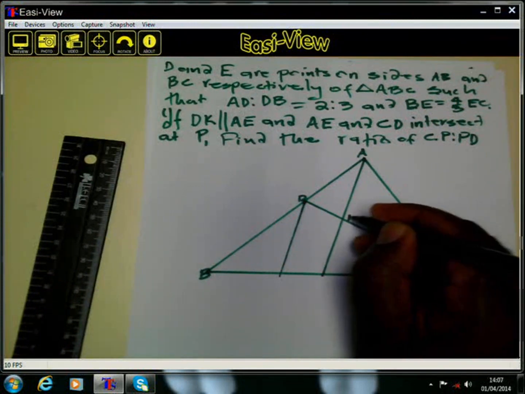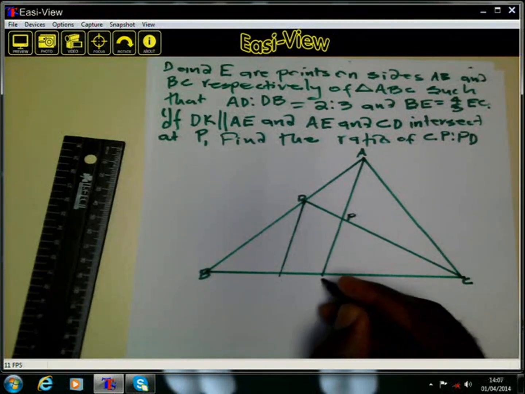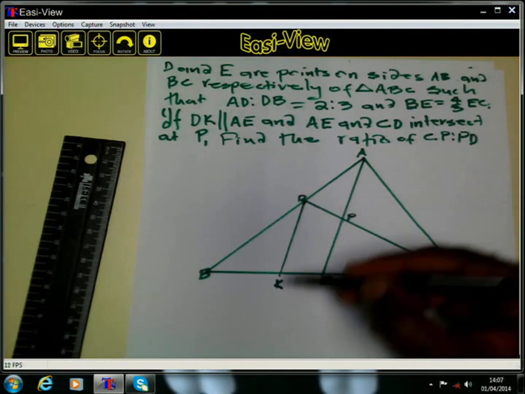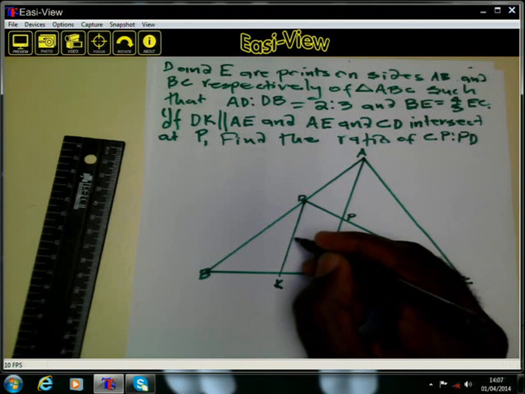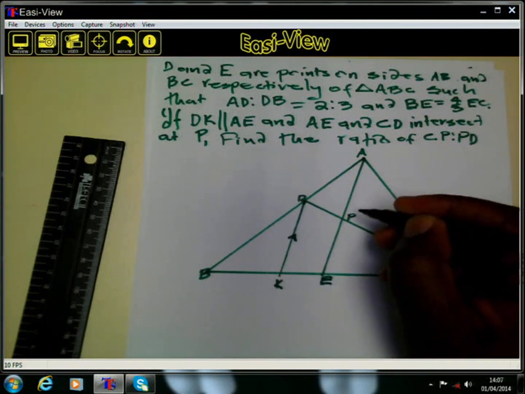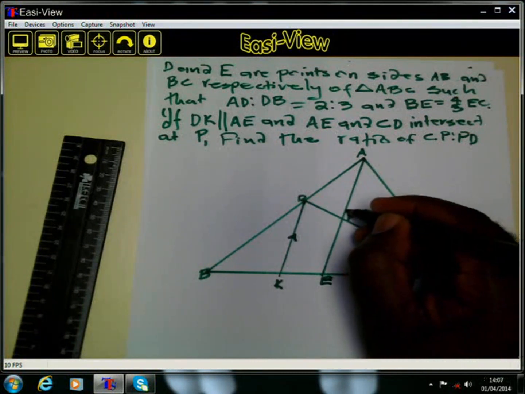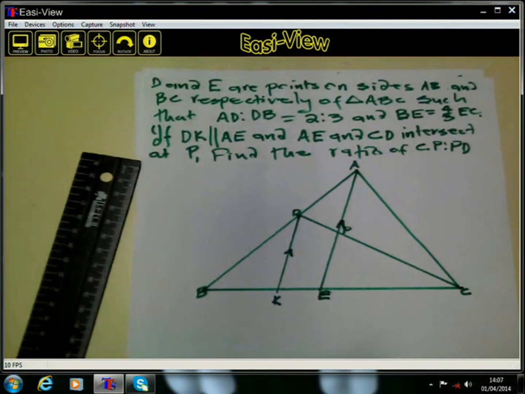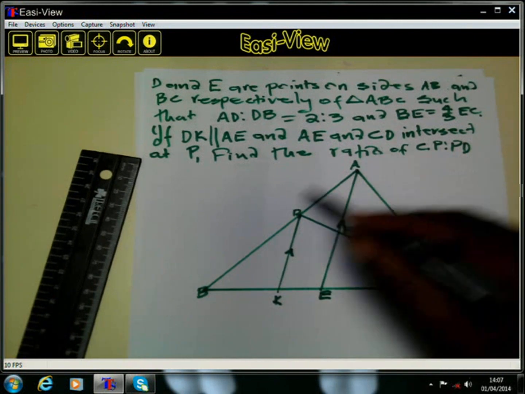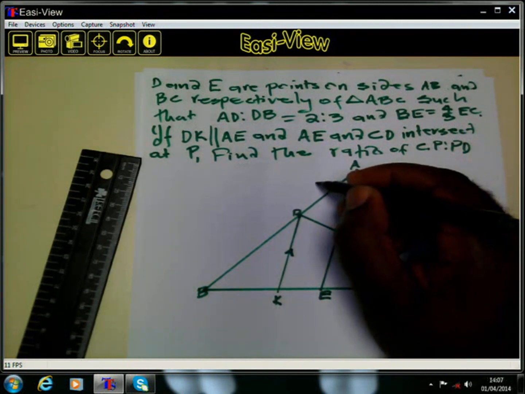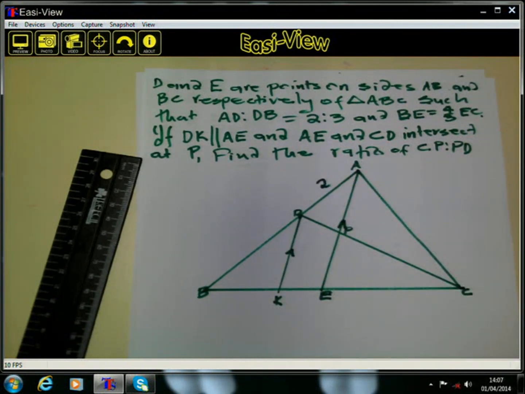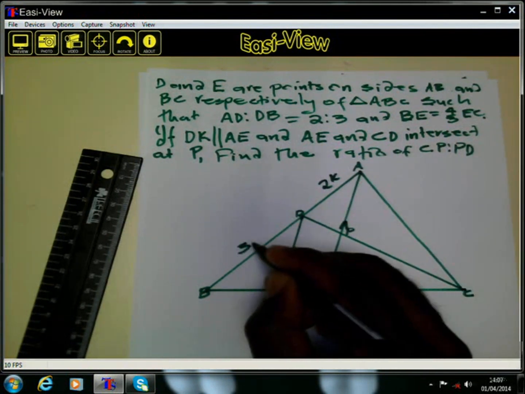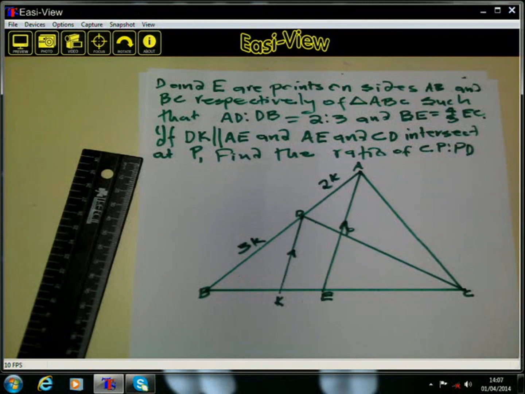This is point P. We're having E here, and we're having K here, such that line DK is parallel to line AE, such that this is parallel to that. Fine. Now, the story as it unfolds, it says AD is 2 units, when DB is 3 units. 2K, 3K. So AB will be 5K.